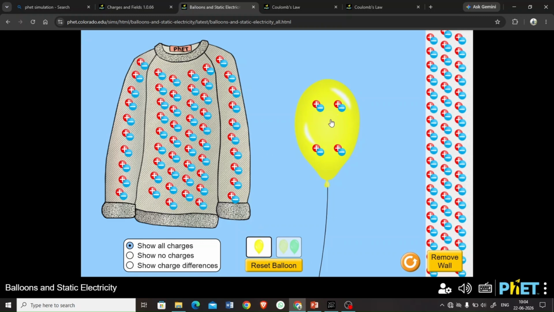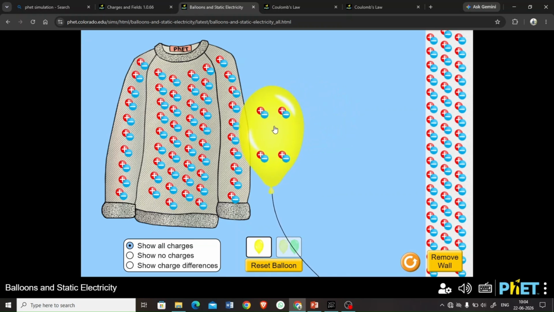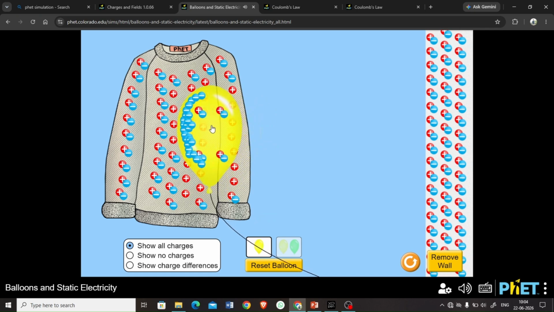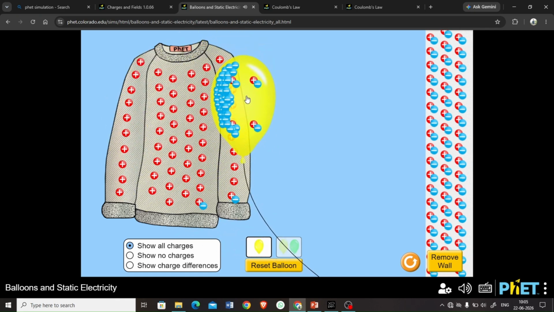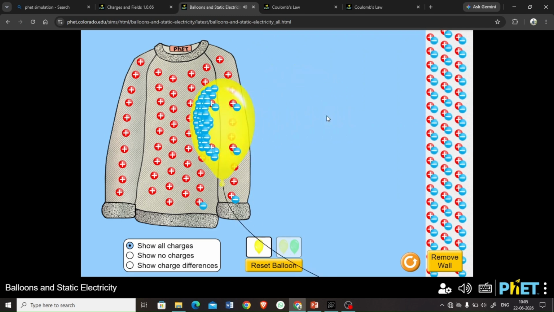Now, I take this balloon towards the wall. See the negative charges in the balloon.